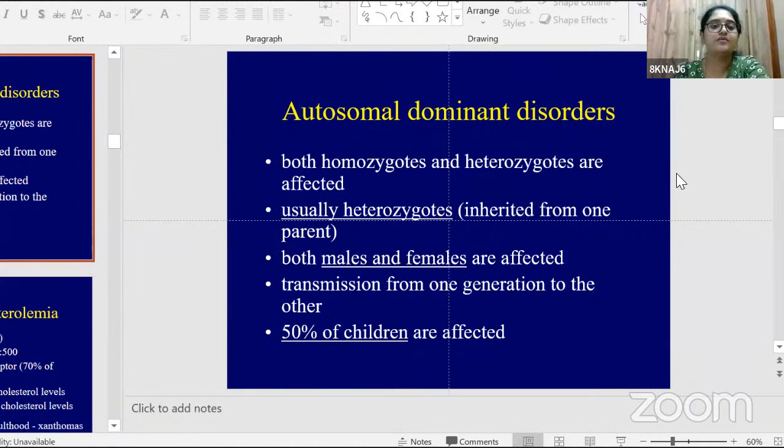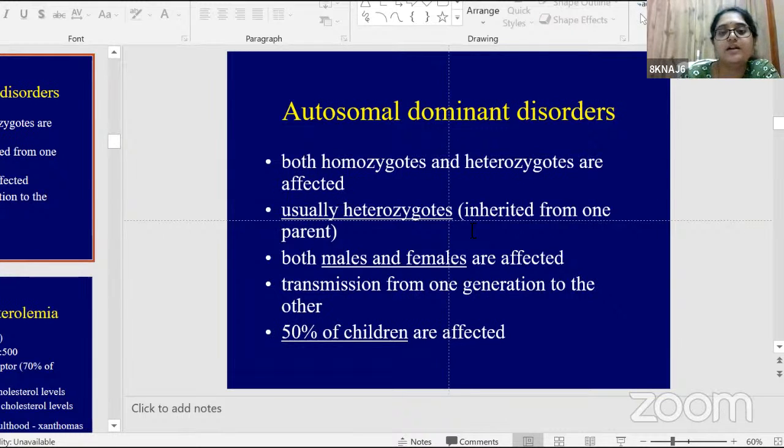Examples of this autosomal dominant gene are achondroplasia, which is short-limbed dwarfism, and Huntington's disease, which is expressed after the progeny becomes an adult and is a progressive neurological deterioration, and retinoblastoma, which is cancer of the retina.